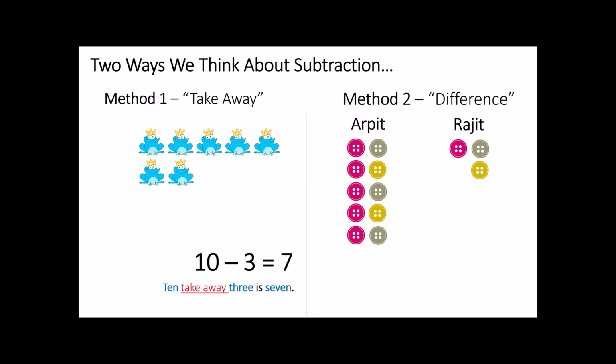What's the difference between the number of buttons that Arpit has and the number that Rajit has? Of course, we're going to model this the same way, using subtraction. Well, Arpit has 10, Rajit has 3. That's a difference of 7. The difference between 10 and 3 is that the 10 is 7 larger or 7 more.